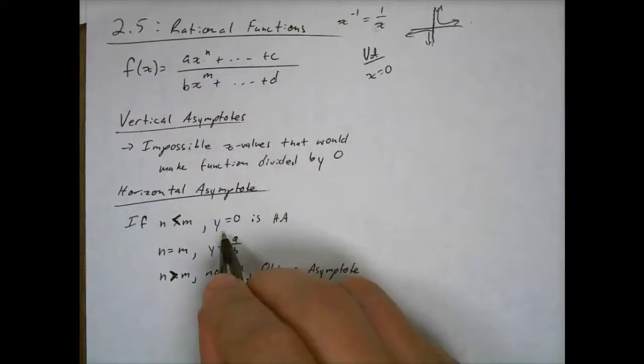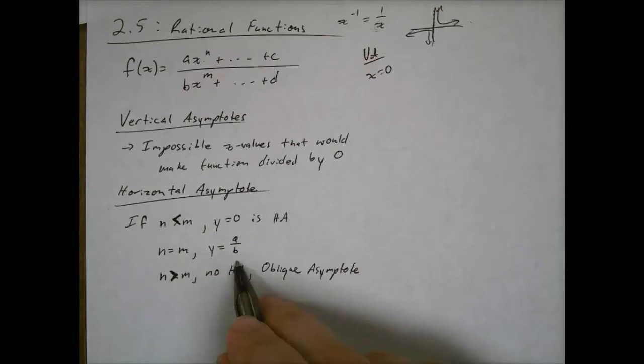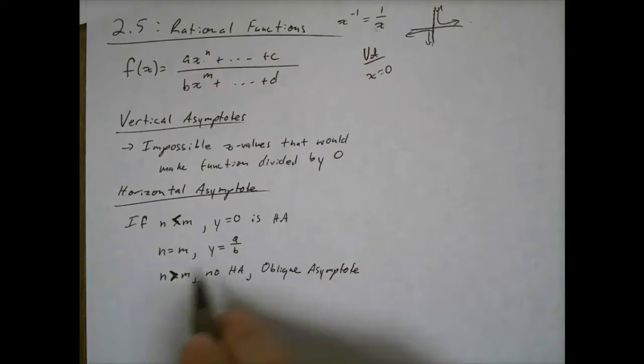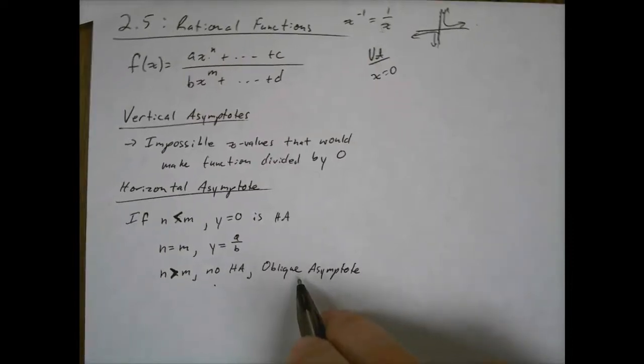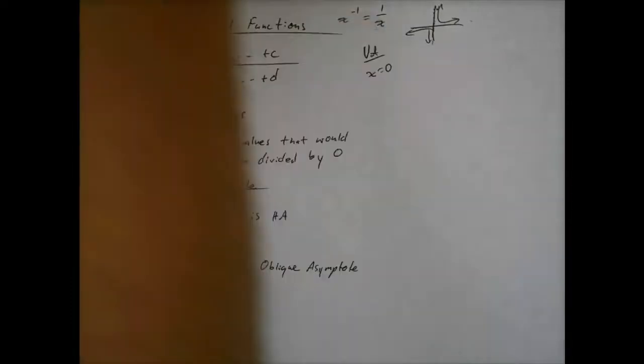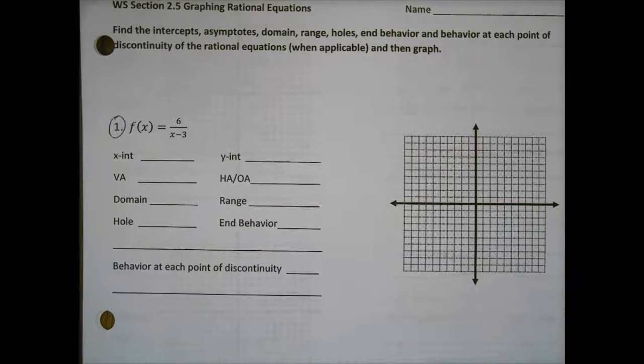We will have y equals 0 as a horizontal asymptote. If they are the same, we will take the coefficients of those terms. If it is greater in our numerator, there will not be a horizontal asymptote. We will have something called an oblique asymptote, which we'll get into in a little bit. We'll have some handout like this. I'm going to look at number 1 on that worksheet.